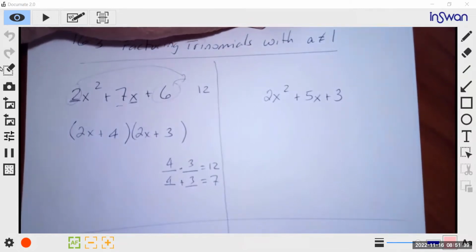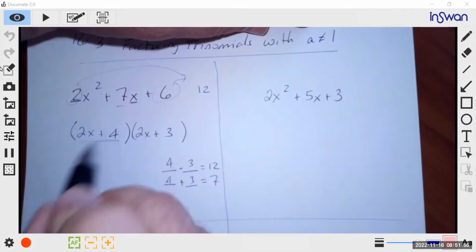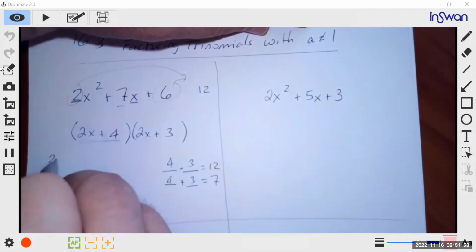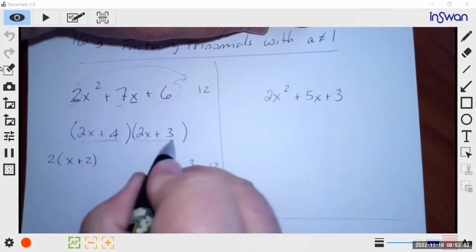We're almost done. What do we do next? Can anything factor out of this first parenthesis? So we get x plus 2. Can anything factor out of the second?